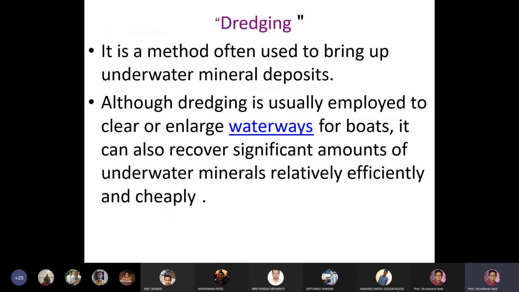So what is dredging? Dredge mining or dredging is a method often used to bring up underwater mineral deposits, the mineral deposits which are lying below the water body. Those types of deposits are mined by dredge methods. Although dredging is usually employed to clear or enlarge waterways for boats, it can also recover significant amounts of underwater minerals relatively efficiently and cheaply.